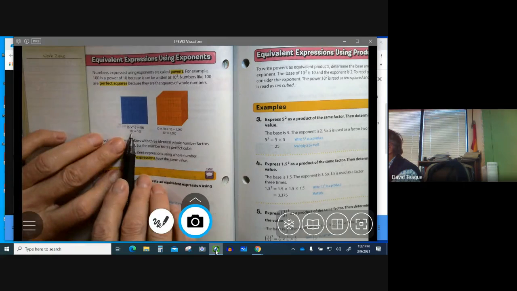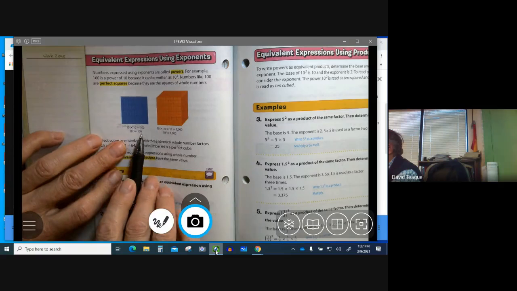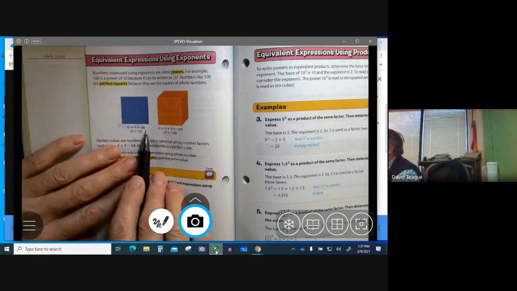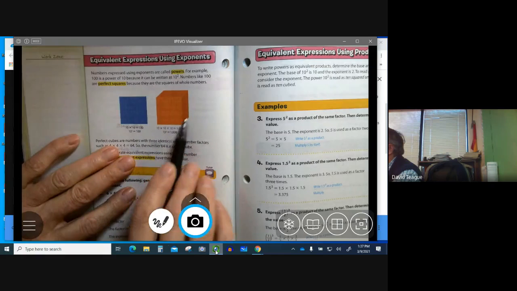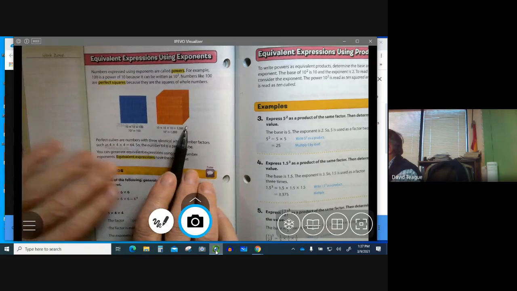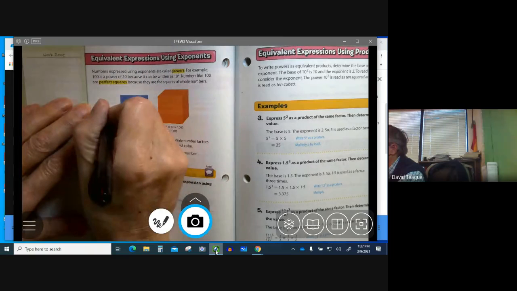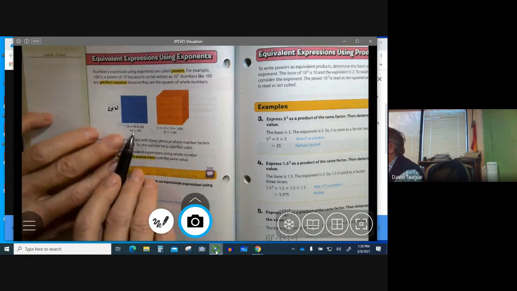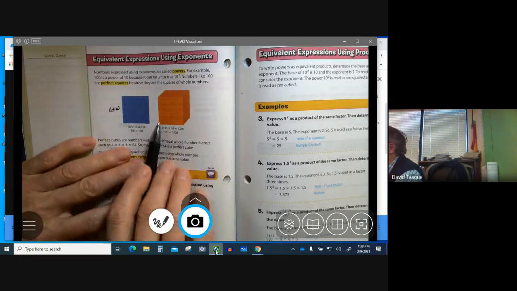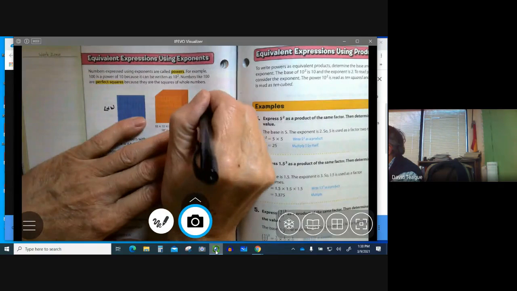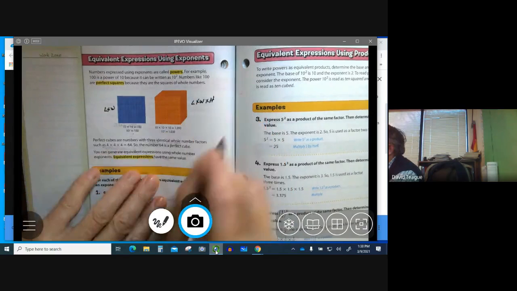Now in this diagram here, this is a 3D figure, so we have 3 different dimensions. Over here, we just have length times width, you only have 2 dimensions. Here you have length times width times height, 3 different dimensions.